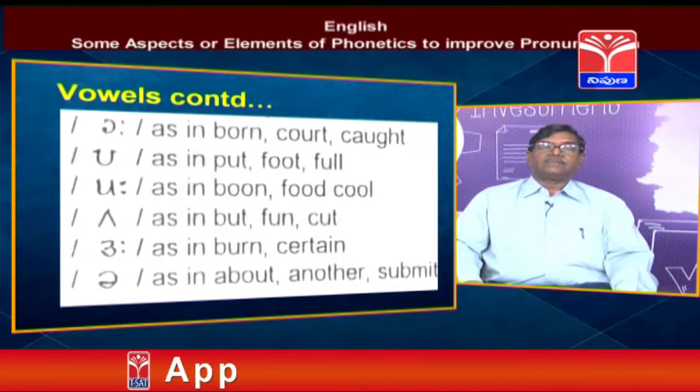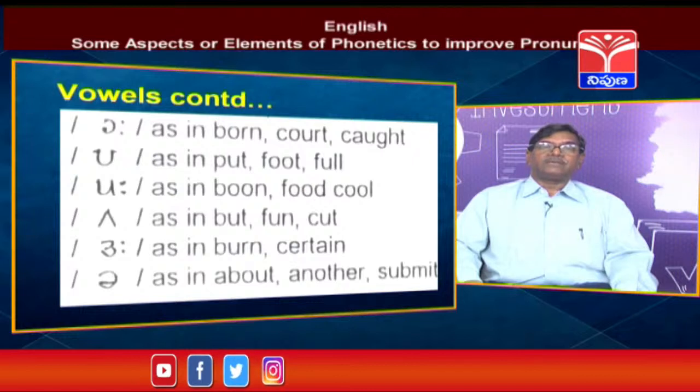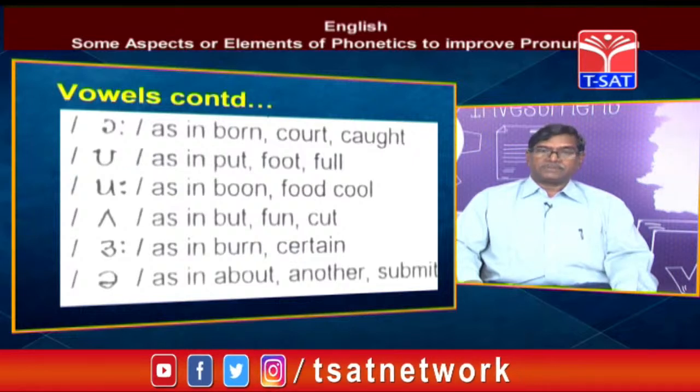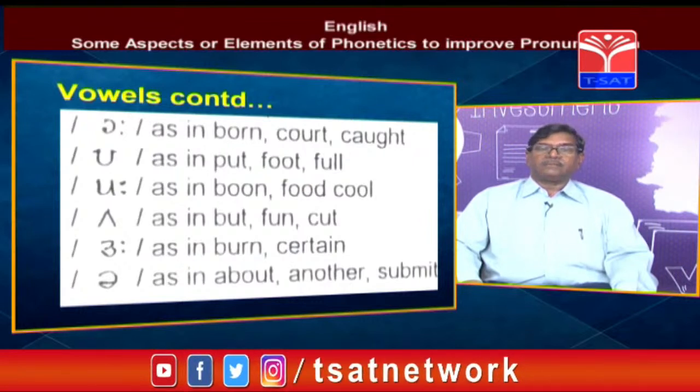And then the last one is a very weak and short sound. About, another, submit. In the case of the word submit, the initial sound between s and b is short and weak.